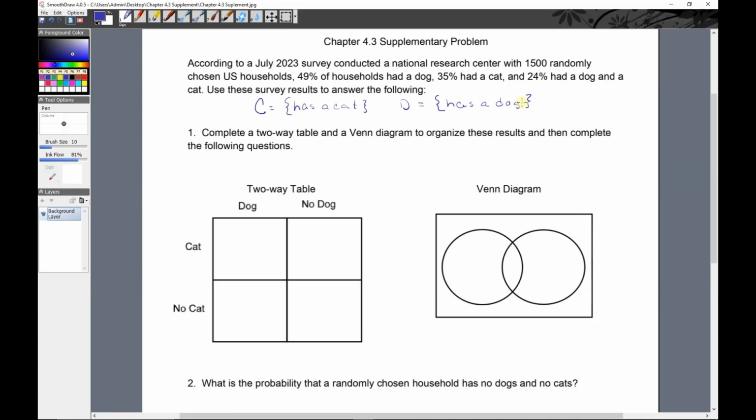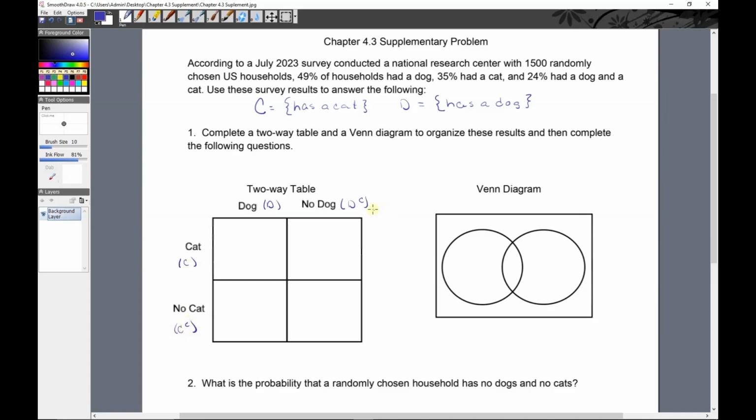All right, so this is going to spare me having to write out a bunch of words all over the place. So we have a two-way table which we'll start with, and you have dog and no dog, cat and no cat. So this would represent D, and this would represent D complement. This would represent C, and this would represent C complement.